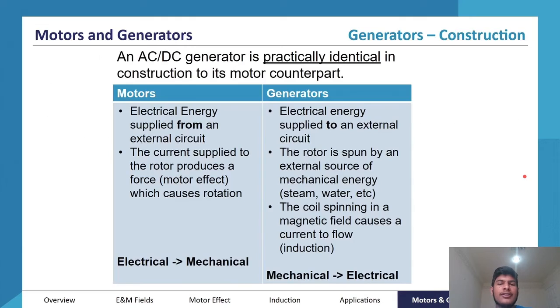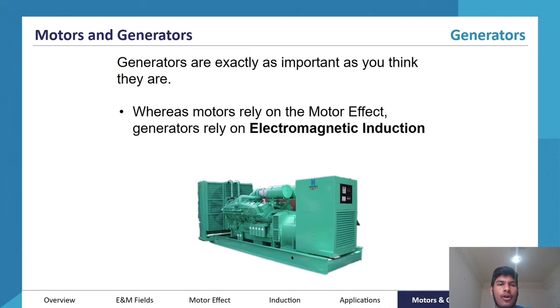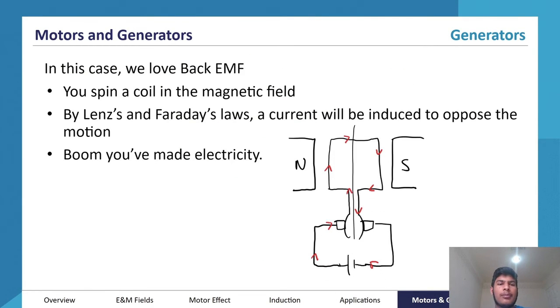But in the case of generators, we're completely relying on back EMF. It's not quite called back EMF in generators, but the phenomenon is exactly the same. So when you spin a coil in a magnetic field, by Lenz's or Faraday's law, you've got a current that will be induced in the opposite direction of motion, and so boom, you've made electricity.